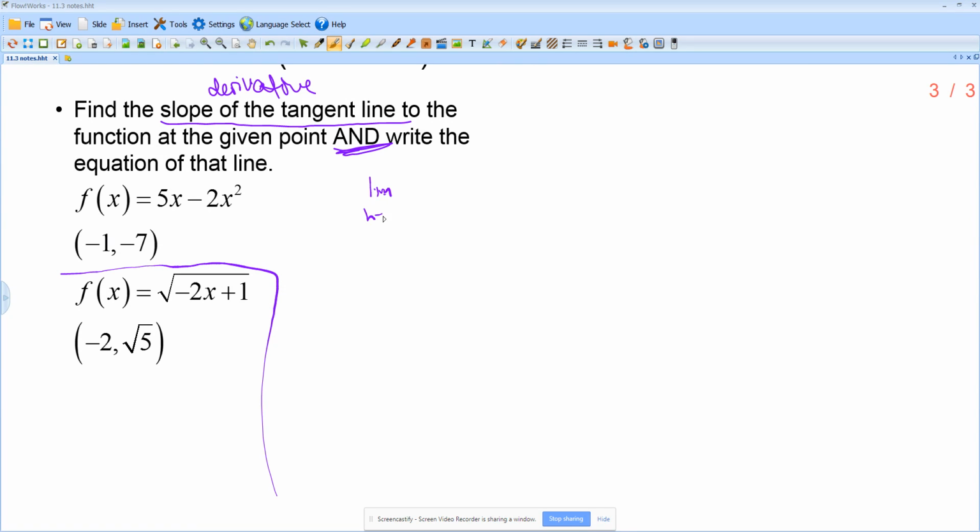The limit as h goes to 0 of 5x plus h minus 2x plus h squared minus 5x minus 2x squared all over h.